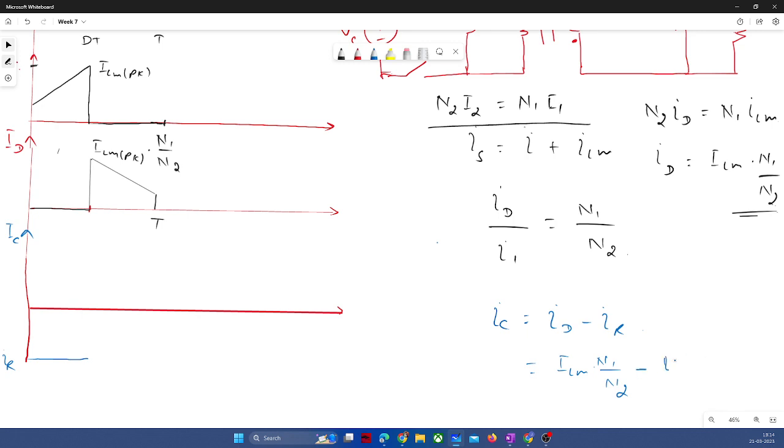It will follow the ILM curve, but with the reduction of the average, or IR. So it will follow this ID, and this is the curve of ID.